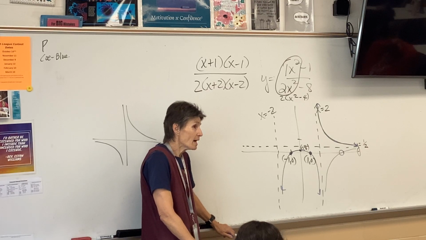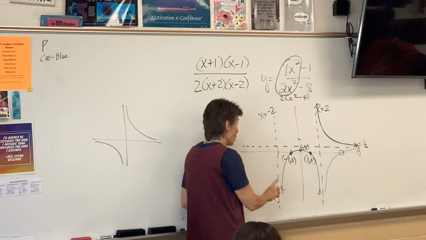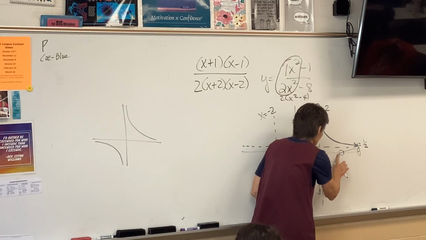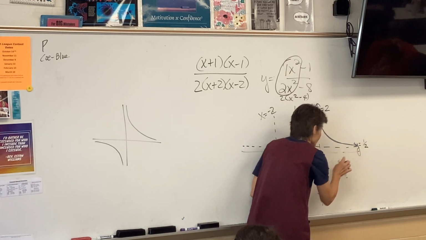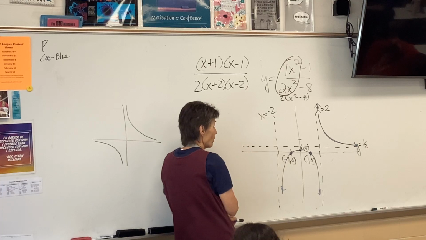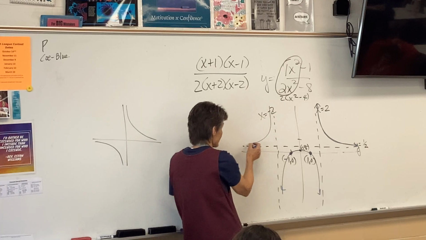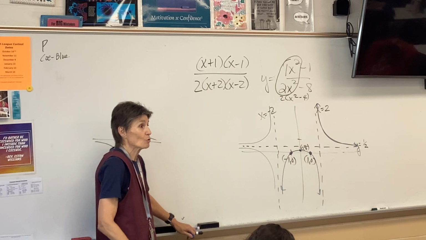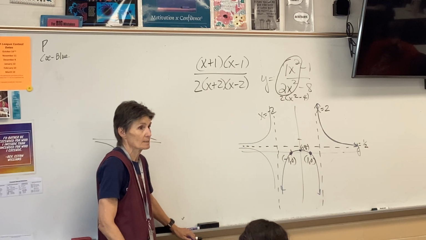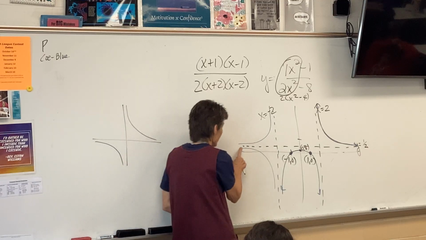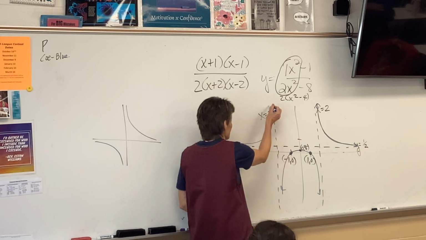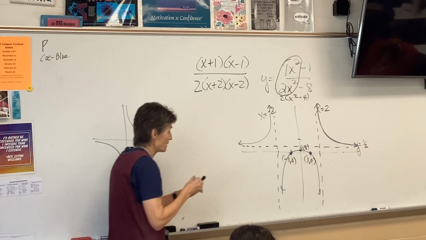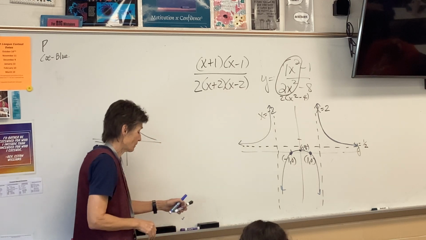So if I don't have an x-intercept, I can't cross the axis, so it cannot be this. Similarly, over here, it's either that or that. Those are your only two options. Which one is it? The top one, because you can't cross the axis. So there is a picture of the function.